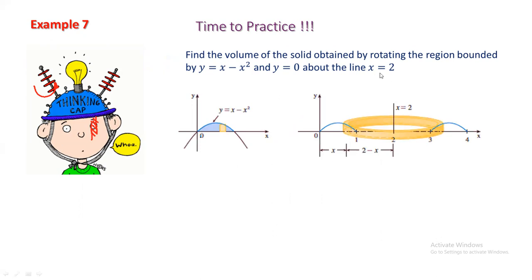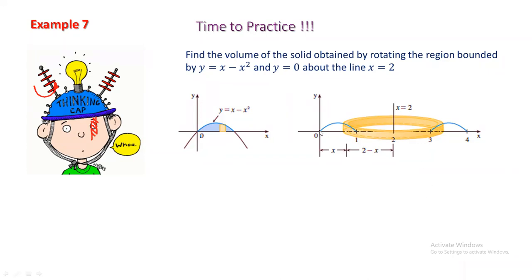So your region is bounded by this curve, by the x-axis, because it's the y equal to 0 line, and it has to be rotated on the line x equal to 2. So the line x is equal to 2 is this one.